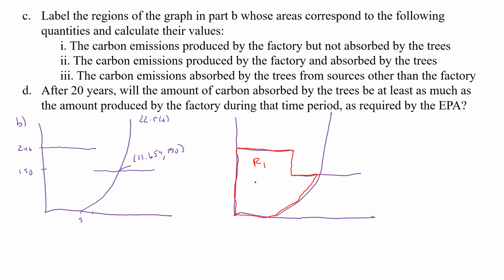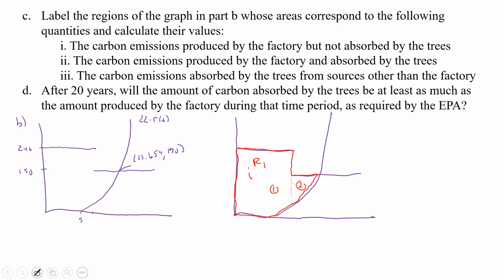Now the key thing is we have 2 pieces. This is a region 1 of R1, and this is a region 2 of R1, because here it's under this curve that we can calculate, and this one is under this curve that we can calculate. So we're going to have 2 calculations here.